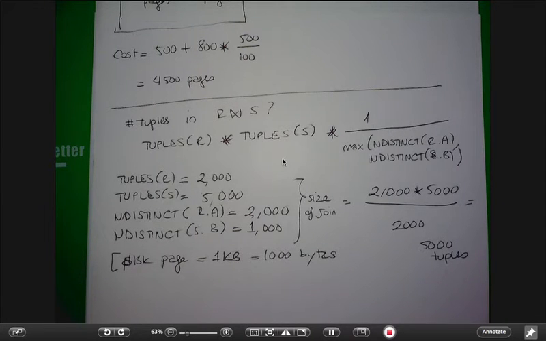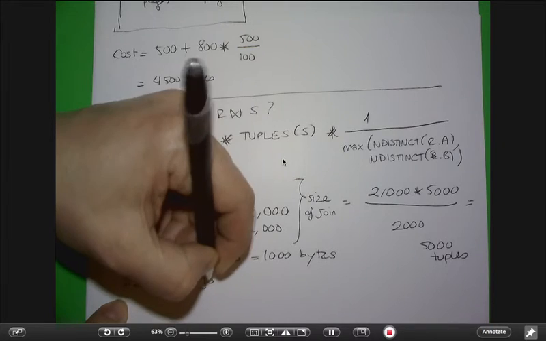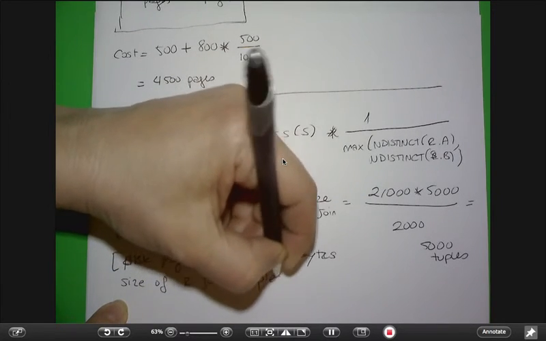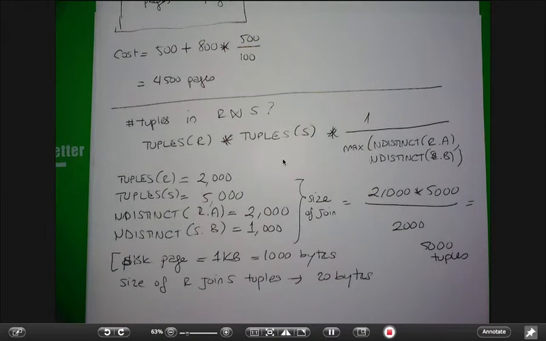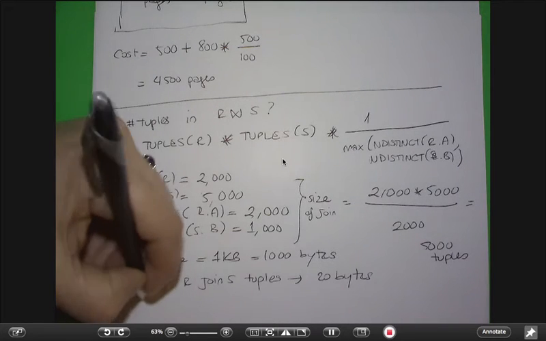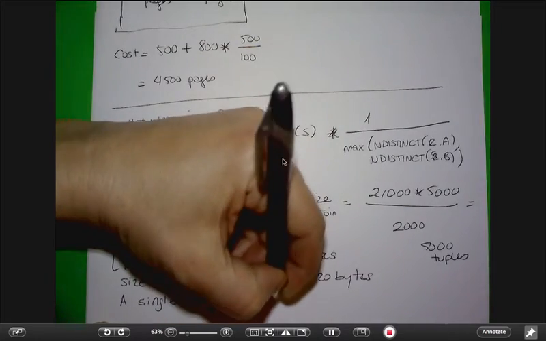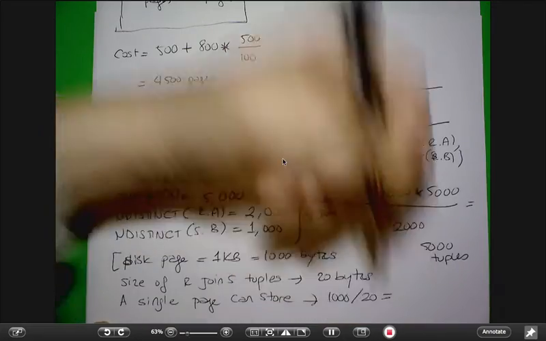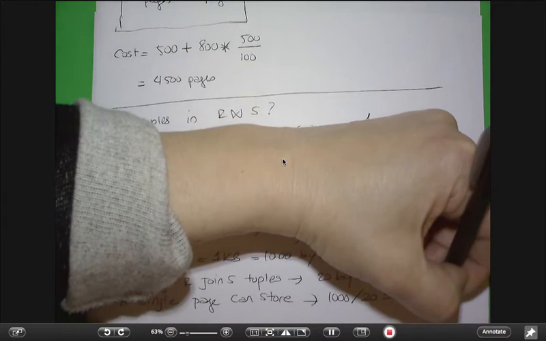Okay, so then let's say that the size of a single R join S tuple is, let's say, 20 bytes. Okay, I am making things up. So that means that a single page can store 1000 divided by 20, which is 50 tuples.